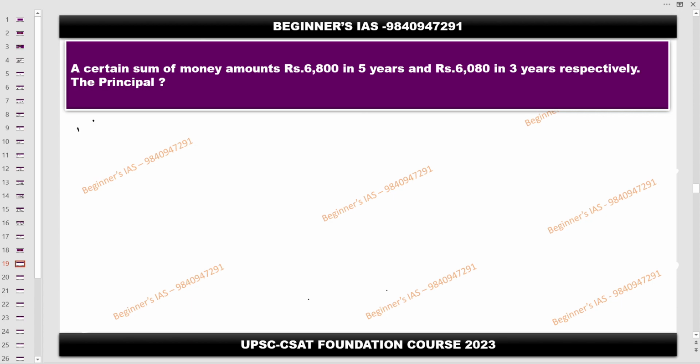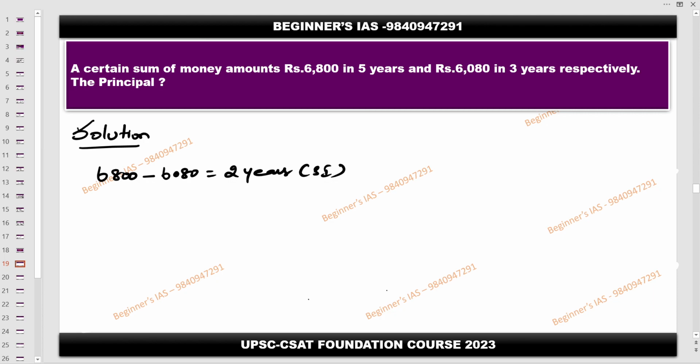First of all, a certain sum of money amounts to 6800 in 5 years, then find the difference between these two to calculate the simple interest for those 2 years: 6800 minus 6080, which is equal to 2 years simple interest.